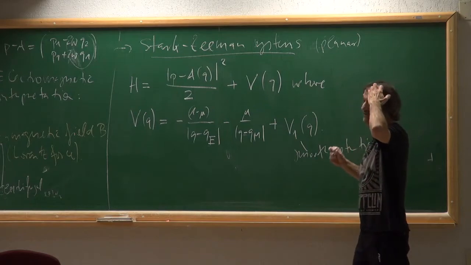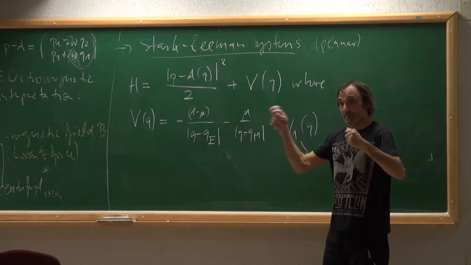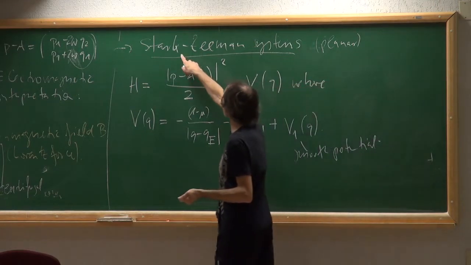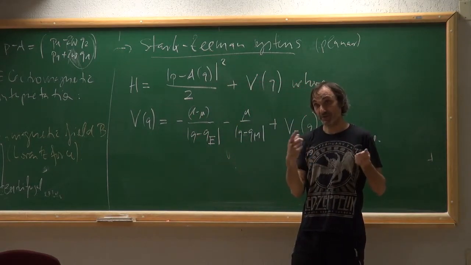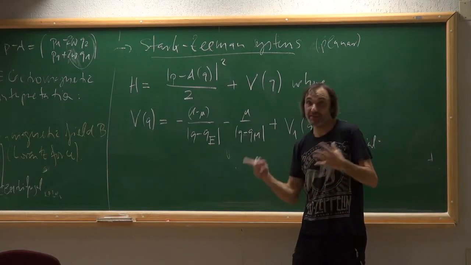I'll talk more about those systems tomorrow. In particular, those systems have a lot of known systems as special cases, and that's where the name comes from. For example, there's a system studied by the physicist Stark. I think they were all studied in quantum mechanics, but they have classical analogs.